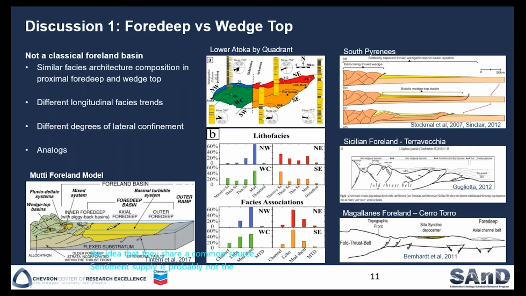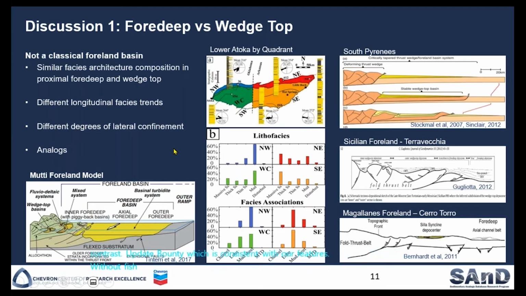Meanwhile, we know that the wedge top has more structurally induced topography, and that will result in a greater degree of lateral confinement in the wedge top, which supports sediment transport and bypass down dip, and that will result in a smaller contrast up dip and down dip, which is consistent with our facies trends.